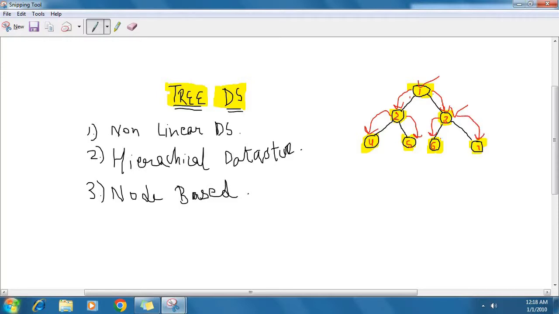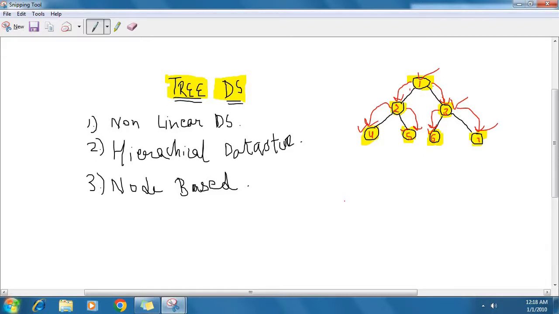So if I talk about these 4 nodes, they do not have any children. The nodes which don't have any children, which have 0 children, are known as leaf nodes. So this is a leaf node.